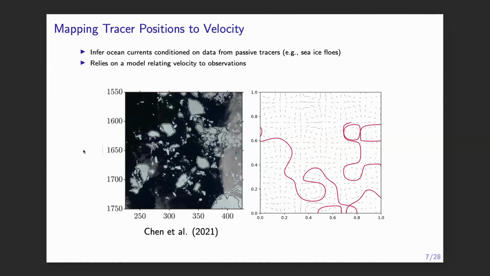And this can be solved, and what I will show you today is that we can apply a similar methodology to tackle this problem, because we can see the two different types of data, like the positions of sea ice floes as a trajectory, as one type of data modality, and another data modality as the ocean currents, these fields, something similar to text and images.